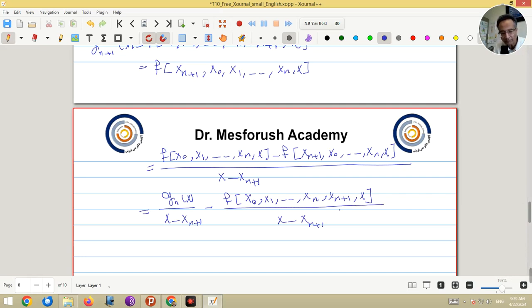Okay, now let me compute. In fact, here I get gn+1(x) is equal to this one.